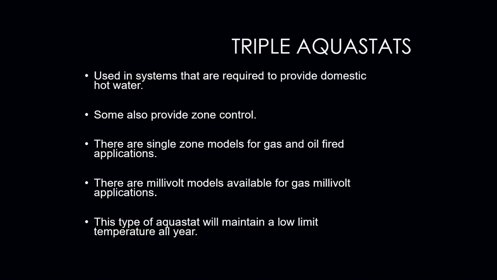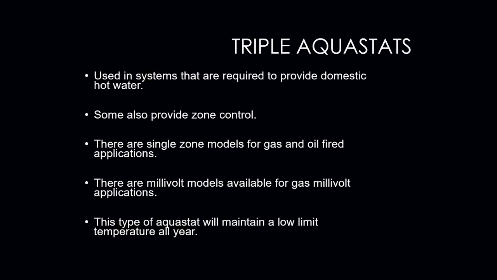With your triple Aquastats, these are now going to be used in systems that are required to provide domestic hot water. Some of them may also have the ability to provide zoning and zone controls. There are single zone models for gas and oil fired applications.